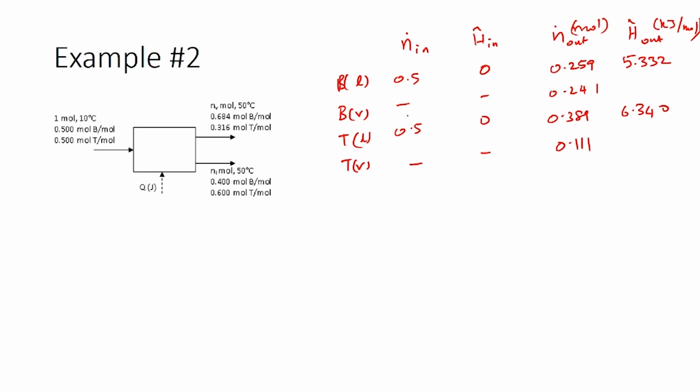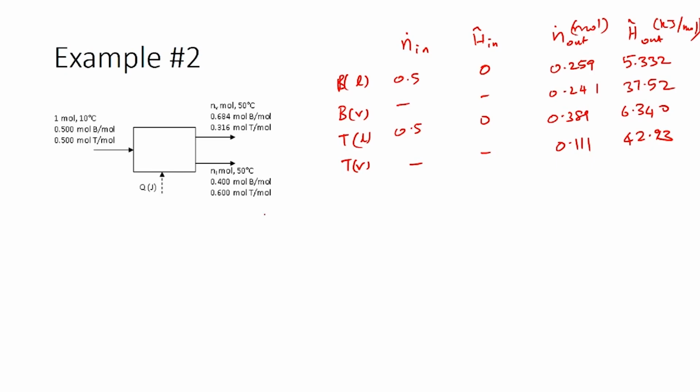Benzene vapor, which is H2 cap, which we calculated, would be 37.52 kilojoules per mole, and for toluene vapor it would be 42.93 kilojoules per mole.